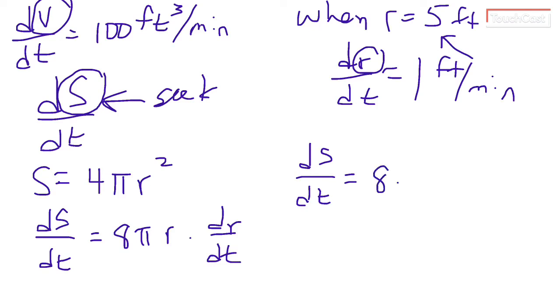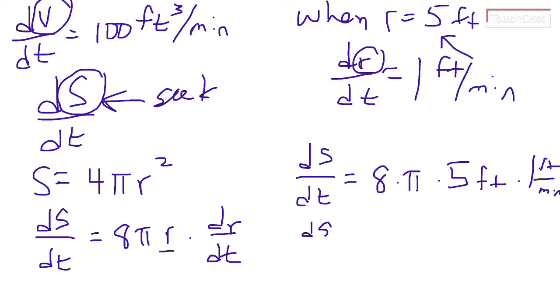I'm going to multiply 8 times pi times, now I can freeze my picture and let r be 5 feet, times dr/dt, which we said at this moment is 1 foot per minute. I'm just going to simplify as much as I want.